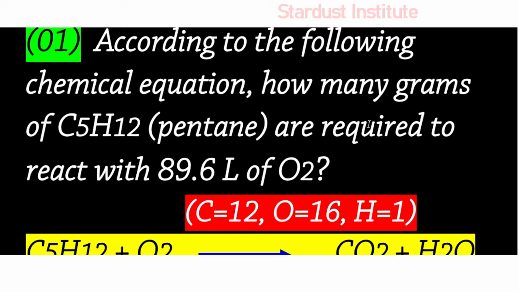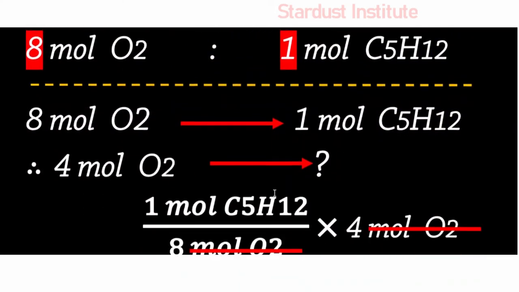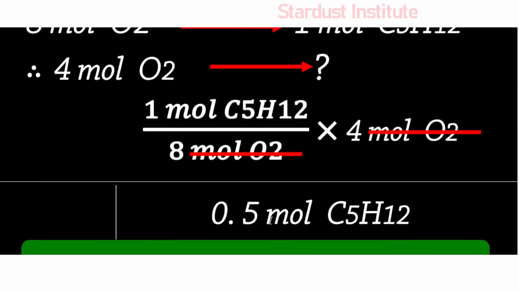Now we have found, to react with 89.6 liters of oxygen, 0.5 moles of pentane are required.